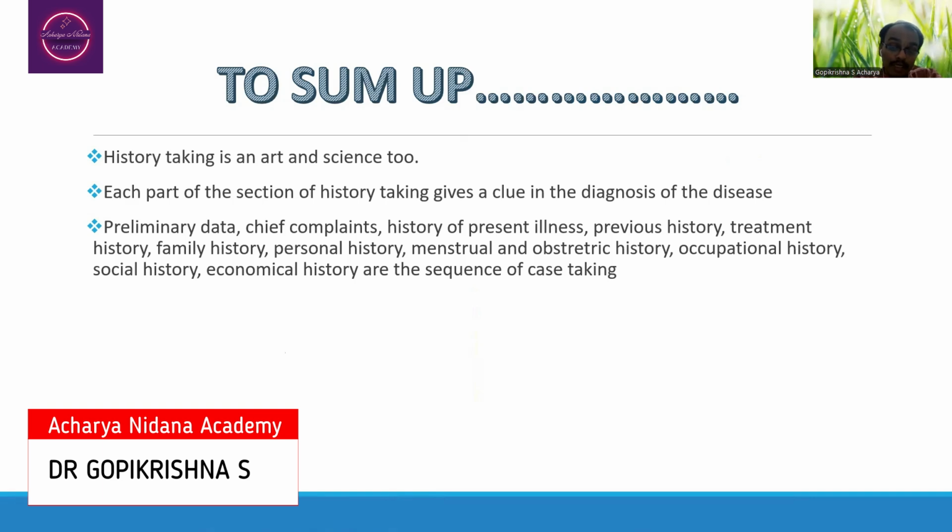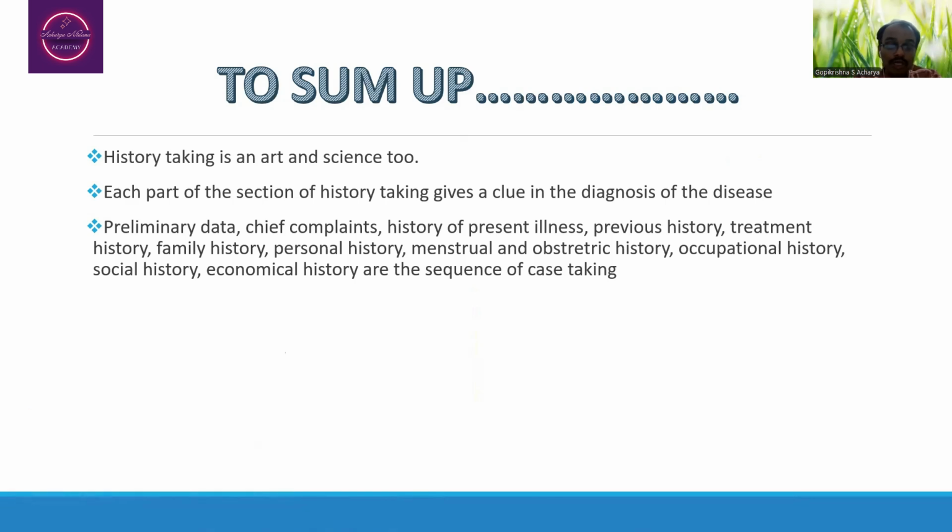Occupational history will concentrate upon the nature of occupation a person has. Social and economic history, or environmental history, tell us about the lifestyle of the individuals. These are the sequence of the case taking.